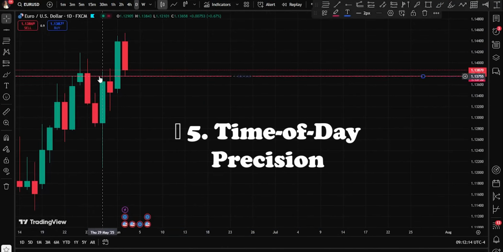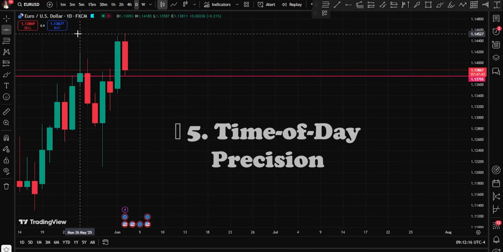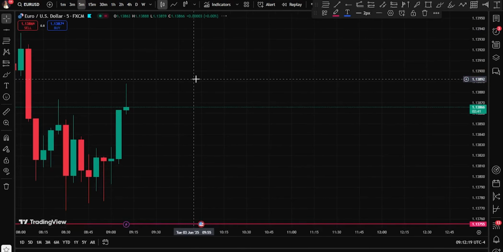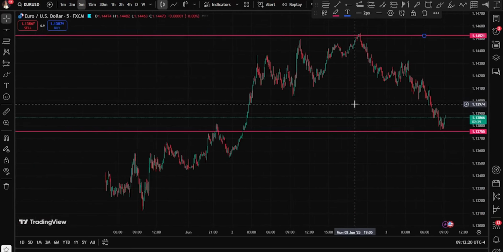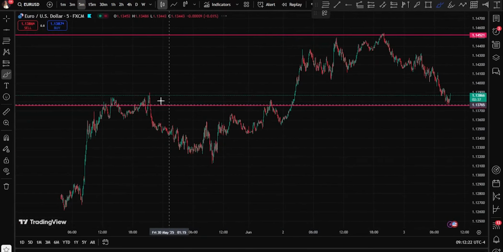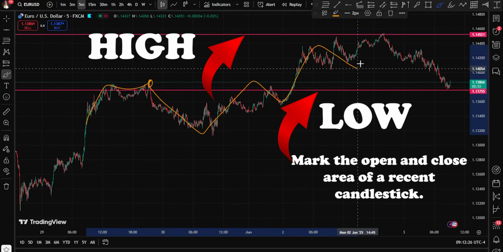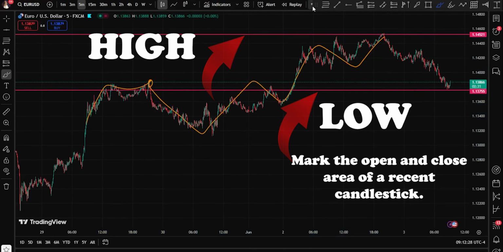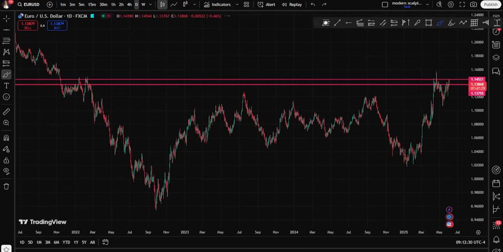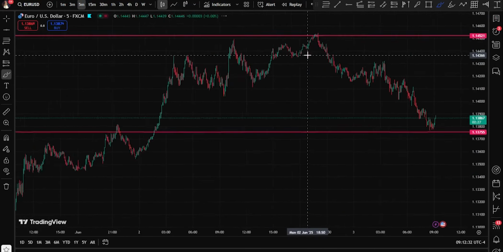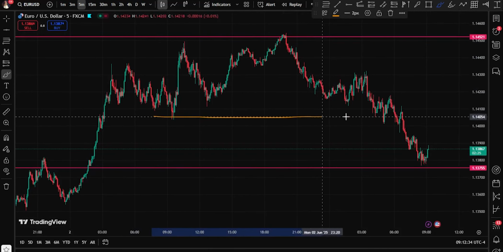5. Time of day precision. Scalping success is heavily influenced by timing. The best trading windows are when volume and volatility are highest. These typically occur in the first 30 to 60 minutes after the market opens and in the final 30 minutes before it closes.